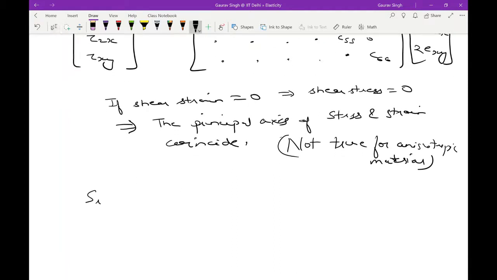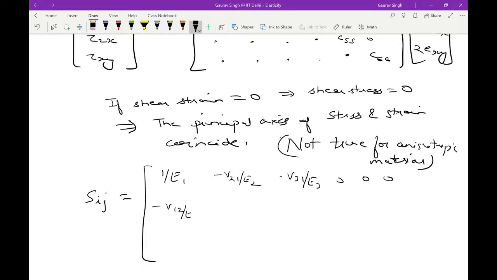So Sij is equal to 1 by E1, minus nu21 by E2, minus nu31 by E3, 0, 0, 0, minus nu12 by E1, 1 by E2, minus nu32 by E3, 0, 0, 0.